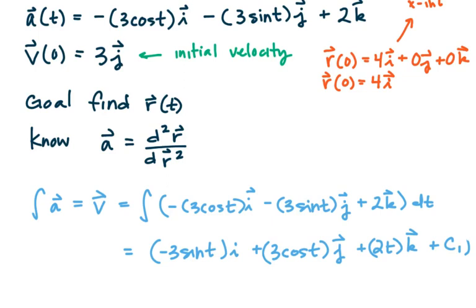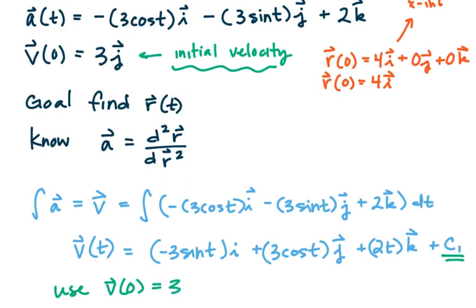What we have here represents our velocity vector v of t. At this point, we can use our initial velocity to determine what that c value is. We are going to use the fact that v of 0 equals 3 times the vector j to find c sub 1.